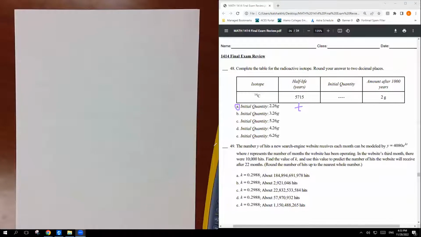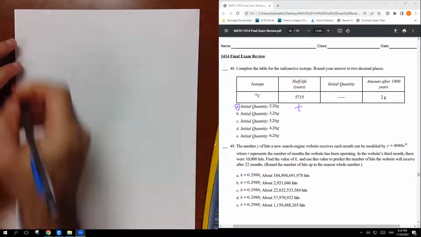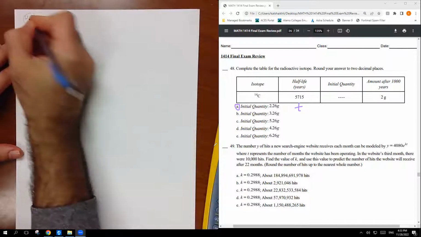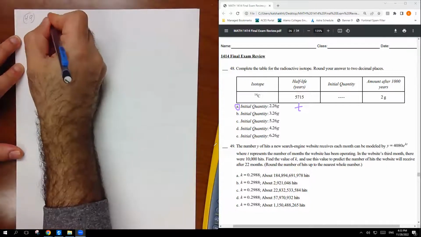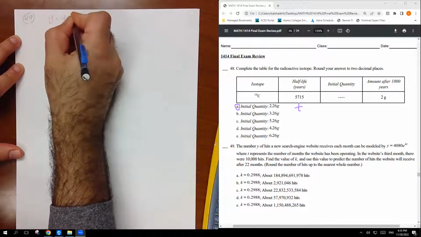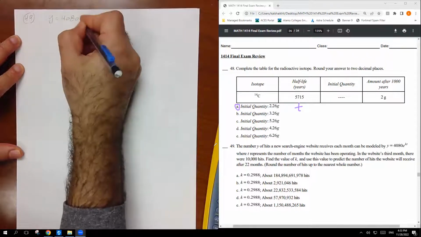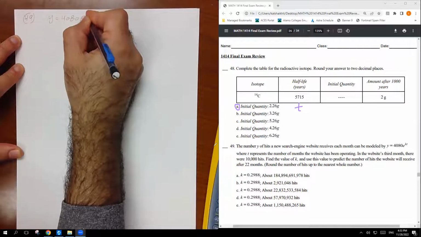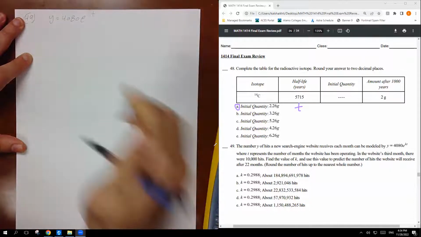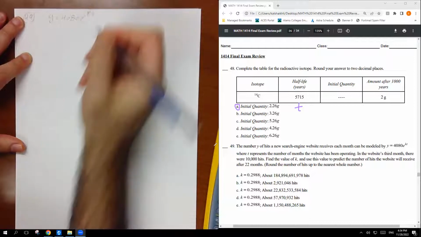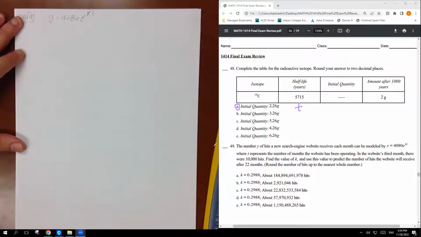For example 49. So we have the formula that says the number of hits a search engine website receives each month can be modeled by Y equals 4,080 e^(kt), where t is the number of months the website has been operating.